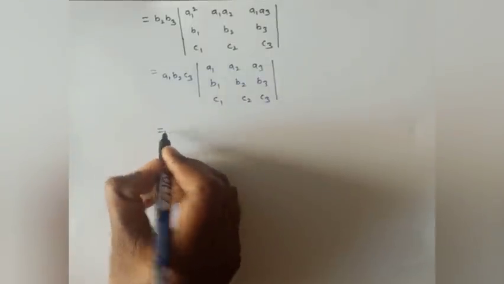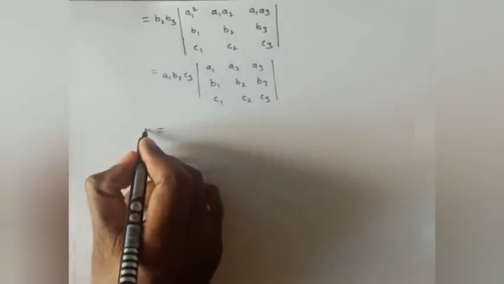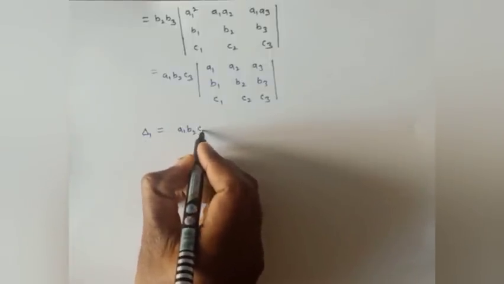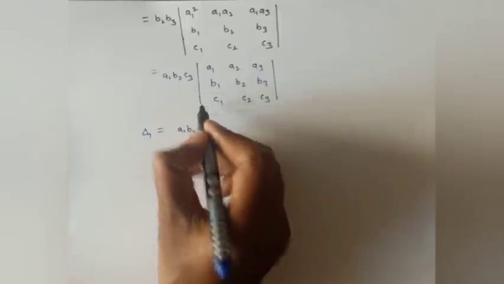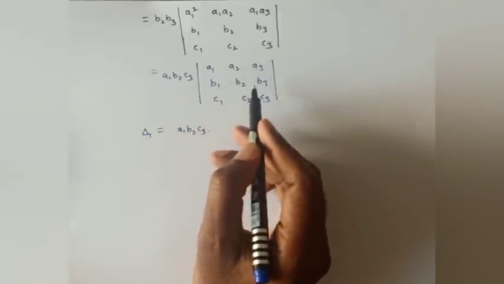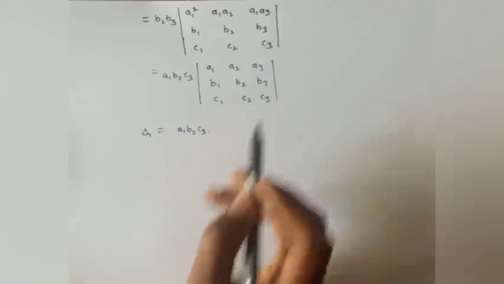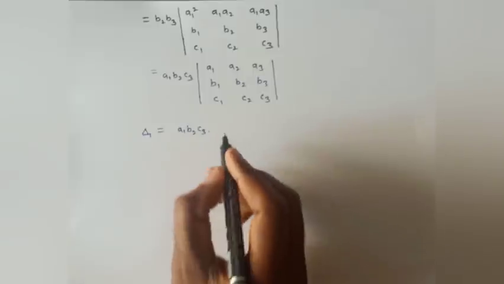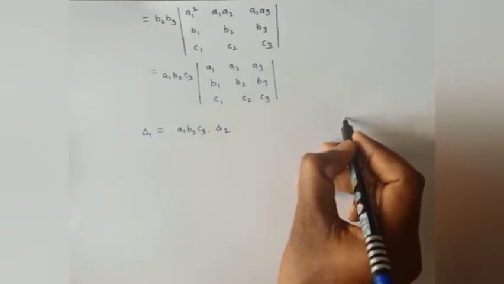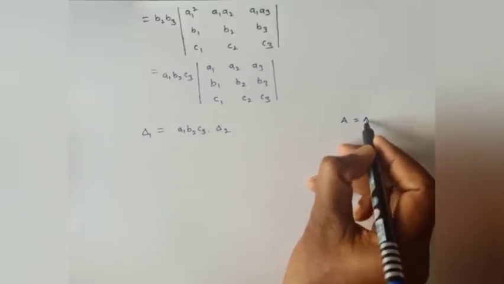Right, so this means the left hand side is nothing but delta 1. Now it is A1 into B2 into C3, so already given from the hypothesis A1 A2 A3 B1 B2 B3 and C1 C2 C3, that can be written as delta 2, since A is equal to A transpose.